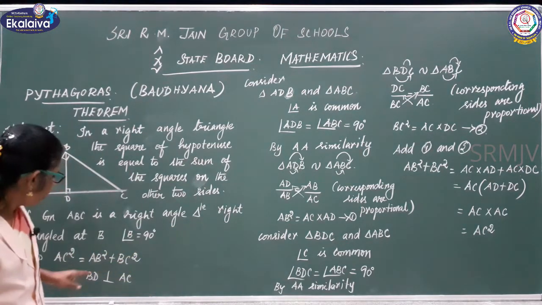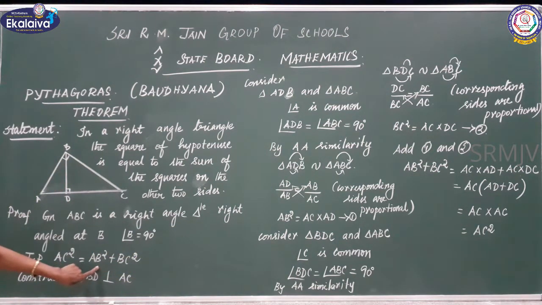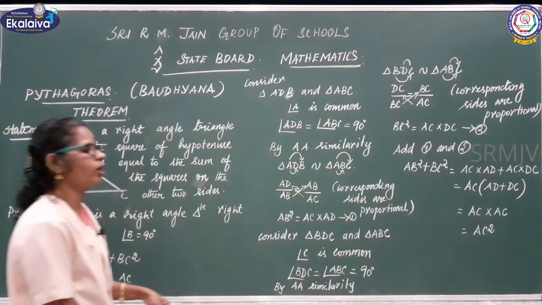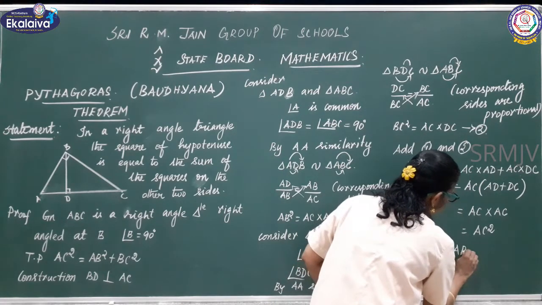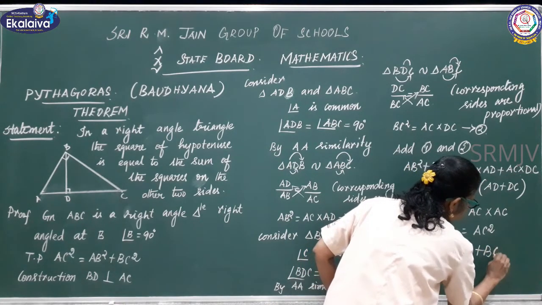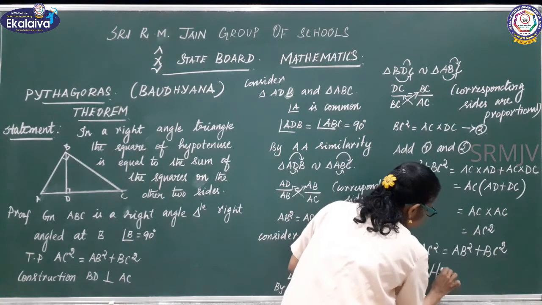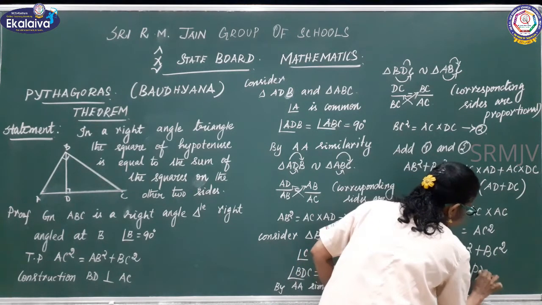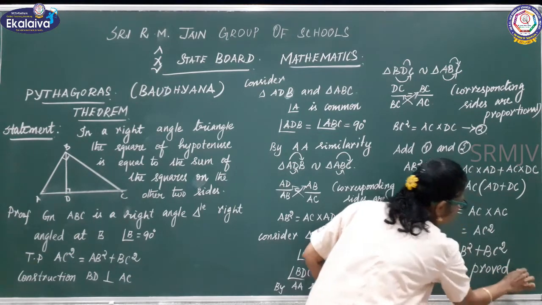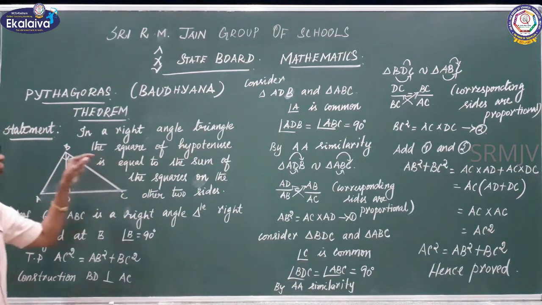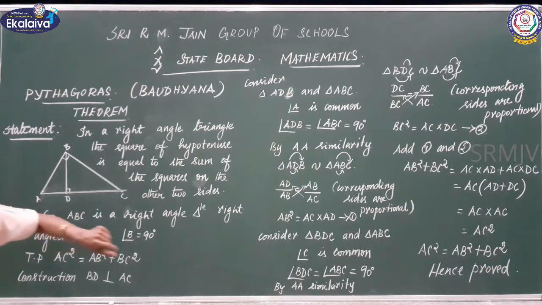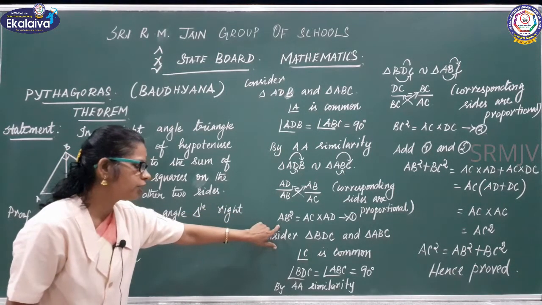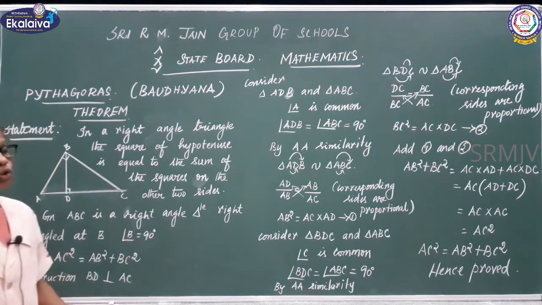What we want to prove? AC square equal to AB square plus BC square, hence proved. First, which two triangles did you take? ADB and ABC. You said these two triangles are similar, corresponding sides are proportional, so we got the result as AB square equal to AC into AD.